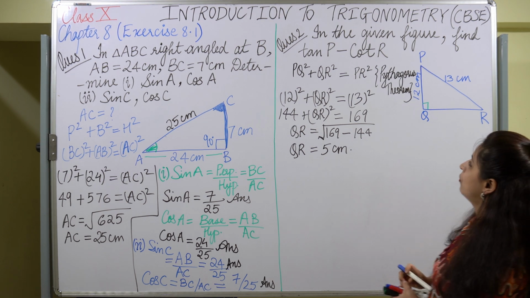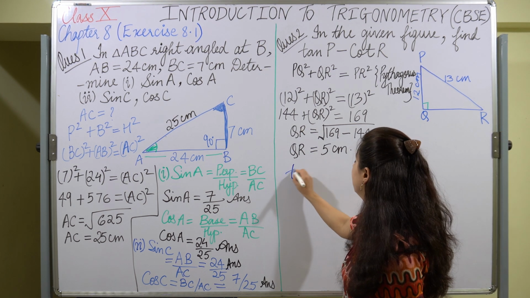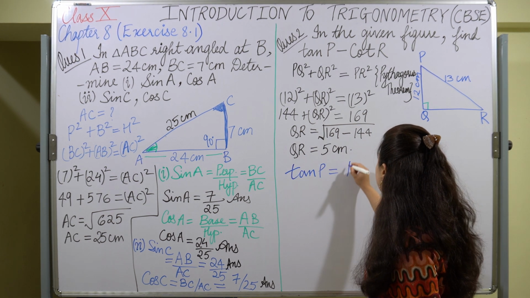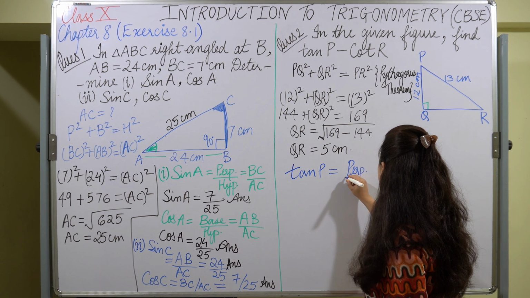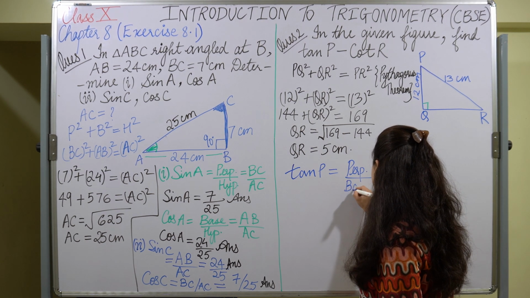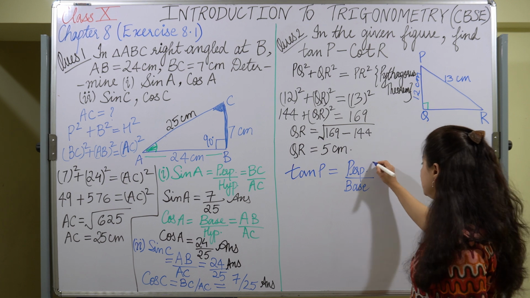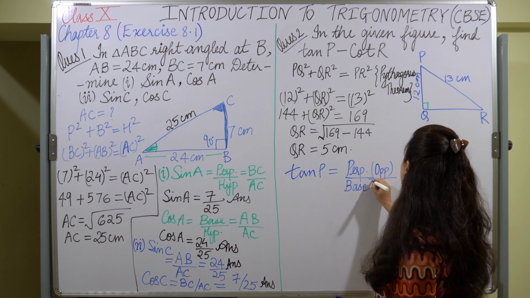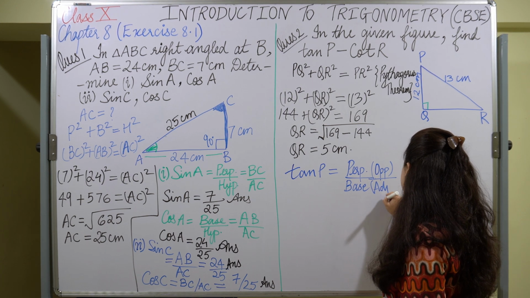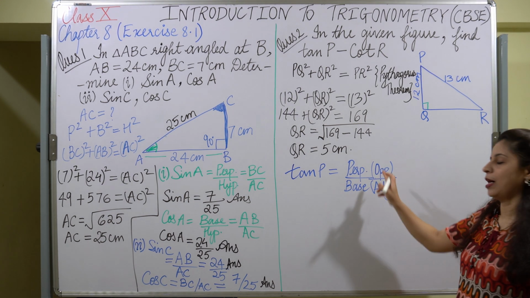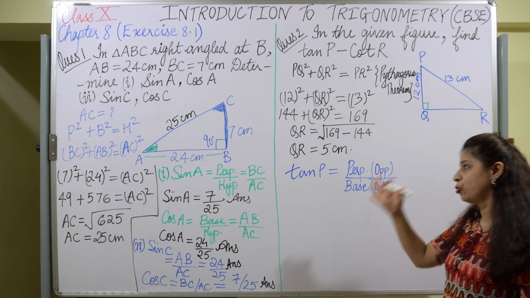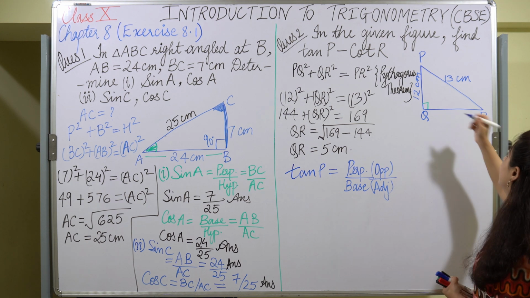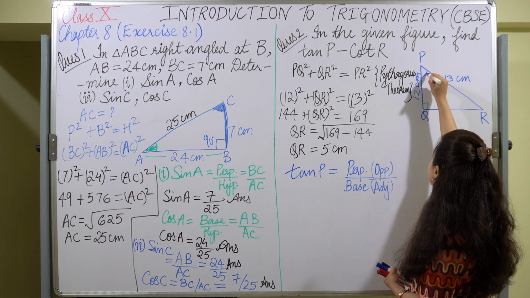Now we need to find out the value of tan P. Tan is always given by perpendicular upon base, that means the opposite side upon the adjacent side. Let us see where the angle P is. Angle P is over here.